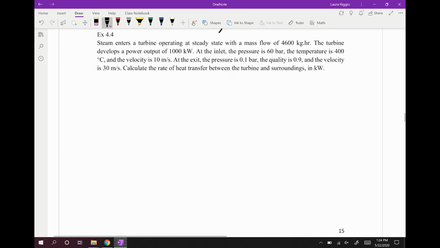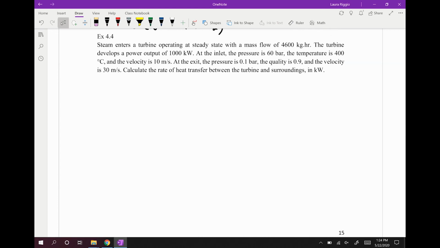To further illustrate how heat transfer and kinetic energy can often be neglected, we're going to look at an example. We have steam entering a turbine operating at steady state with a mass flow rate of 4,600 kilograms per hour.